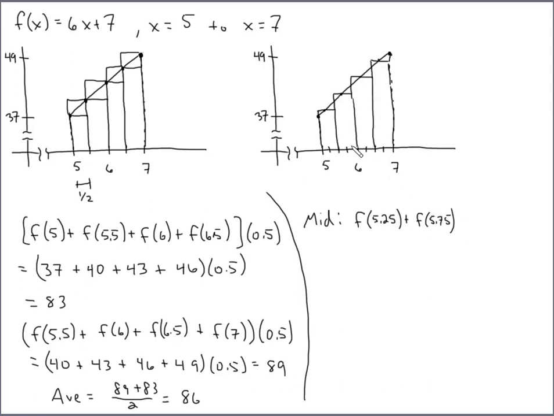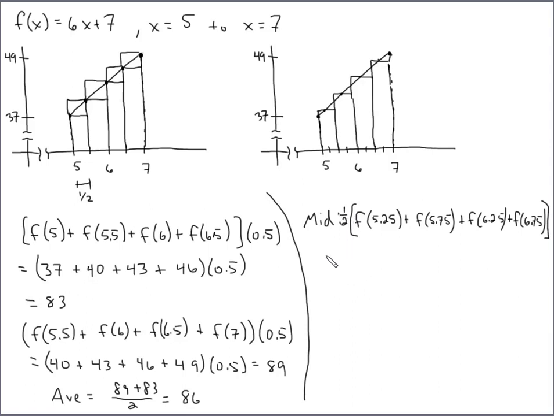And then the next one after that, 6.25. And then the last one, 6.75. So f of 6.75 is the last one. Then again we have to multiply all of these by 1/2 because the width is not changing, so we just squeeze that 1/2 right there.